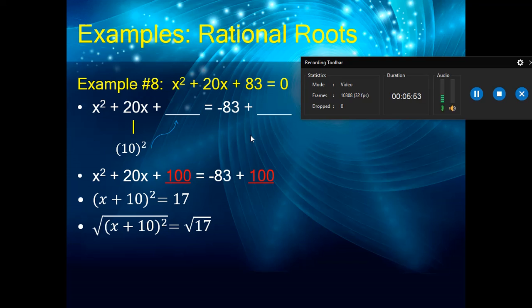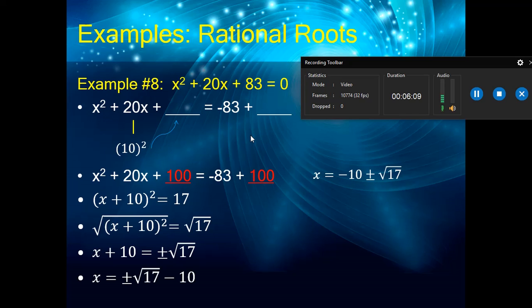Square root both sides. 17 is also prime, so there will be no factors that can be simplified. We're going to simply subtract 10 from both sides, and then when I set up the final answer, I'm going to put the negative 10 first, so x equals negative 10 plus or minus the square root of 17. And then we're going to go ahead and separate that into two distinct roots.